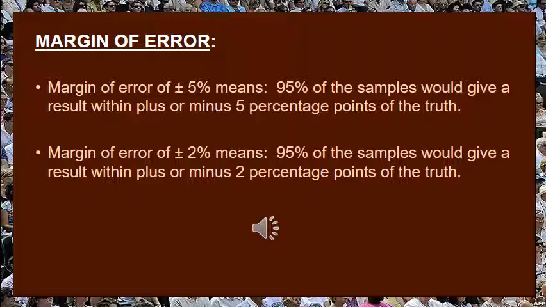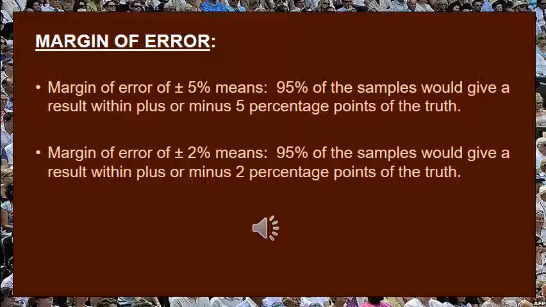We want good estimations. So a margin of error of plus or minus 5% would mean that if I take 100 random samples in my population, 95% of them, so the great majority, would give me a result within plus or minus 5 percentage points of the parameter. So it's good.